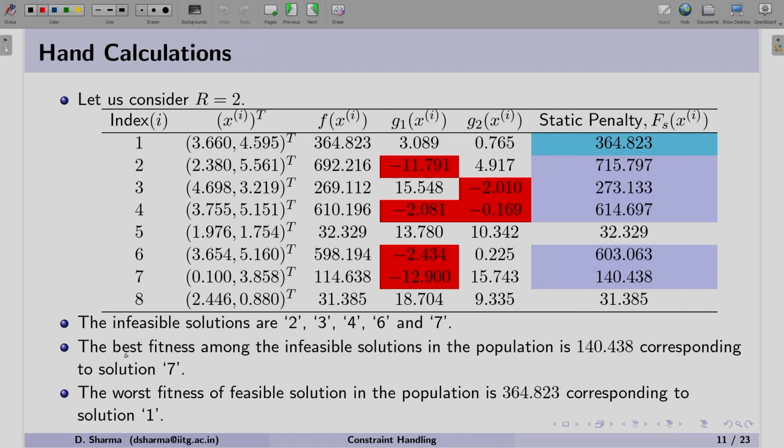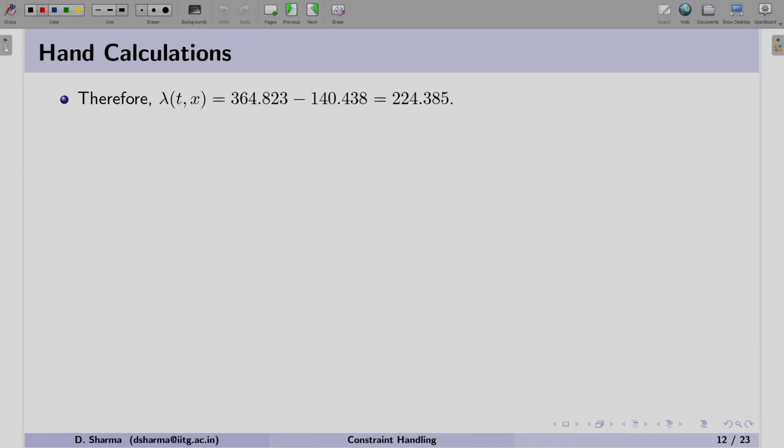Similarly, we have a worst feasible solution. As we have discussed earlier, looking at the fitness value, solution 1 is going to be the worst feasible solution. So, we have selected solution number 1 and solution number 7 to calculate the value of lambda.